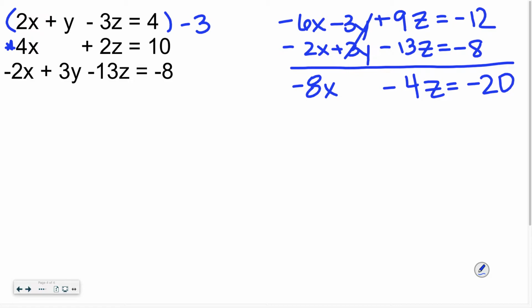Okay. So we have this equation underlined in red and this equation underlined in red. These now are our 2 variable system. These are our 2 variable equations, right? Now we need to choose to solve for either x or z.